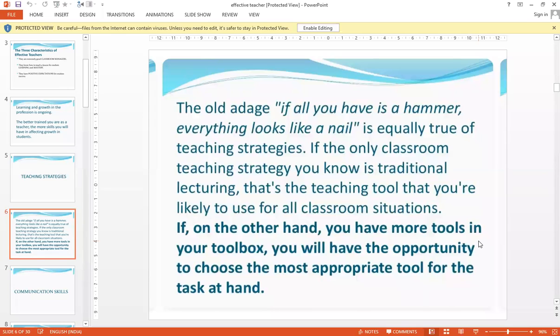That's the tool you are likely to use for all classroom situations. So if you know only one concept, your classes will be boring.